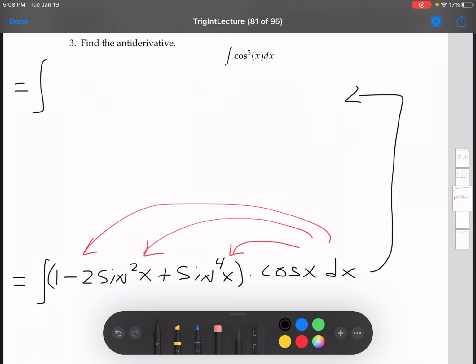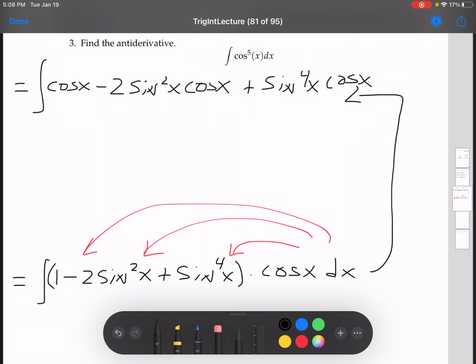So we have cosine x minus 2 sine squared x cosine x plus sine to the fourth x cosine x dx.